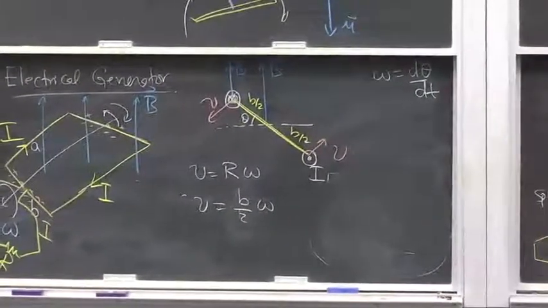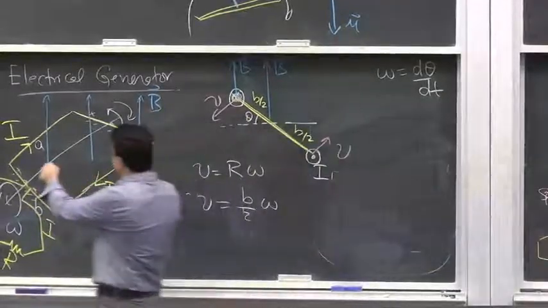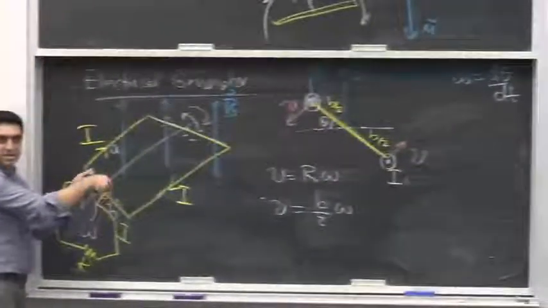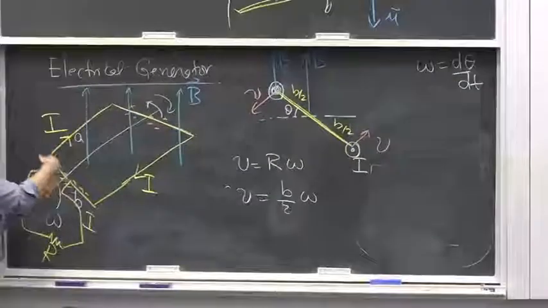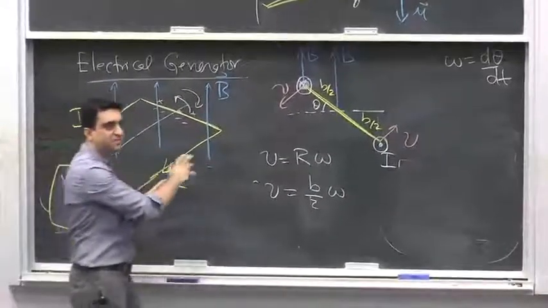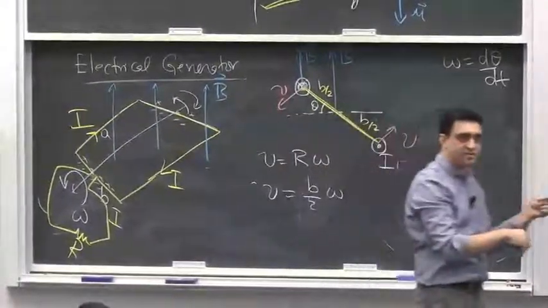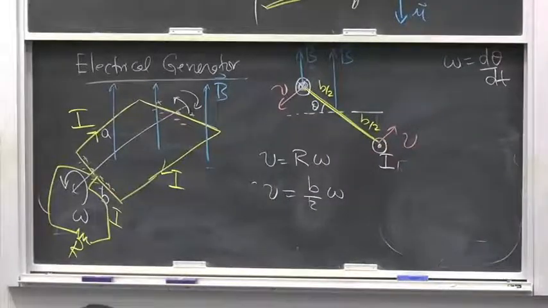So by rotating the coil, you have created an EMF source here as well. Because the current starts flowing, it means that you have created a potential inside the wire, so the current can flow through that potential.